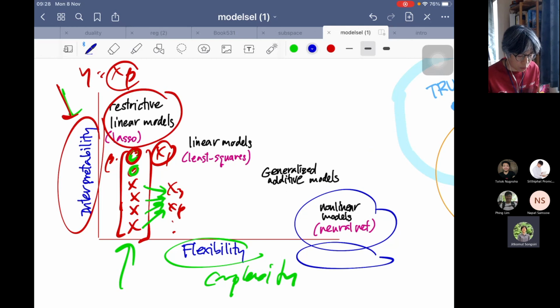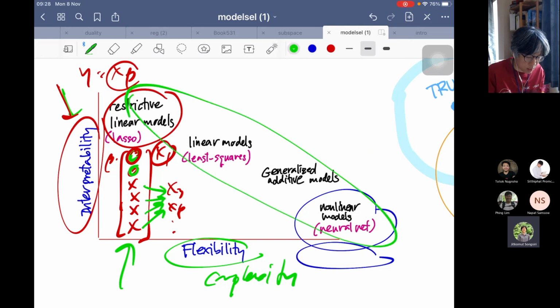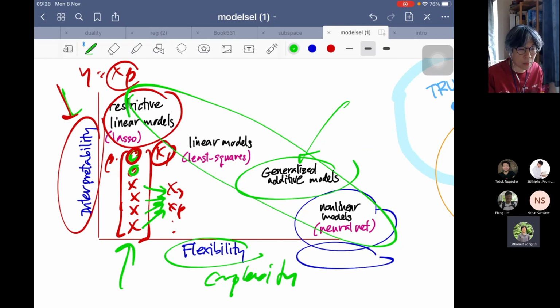Okay, and of course there are going to be some models in between, right? The generalized additive model. This one we haven't seen in class, but it is actually a non-linear model that is still structured in some sense, so it sits in between.